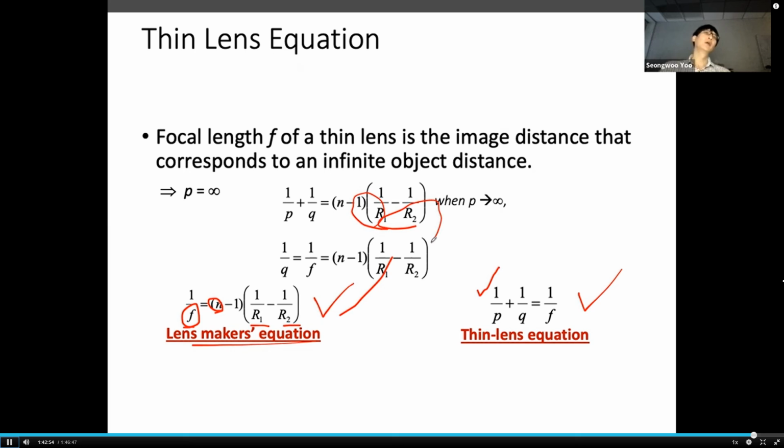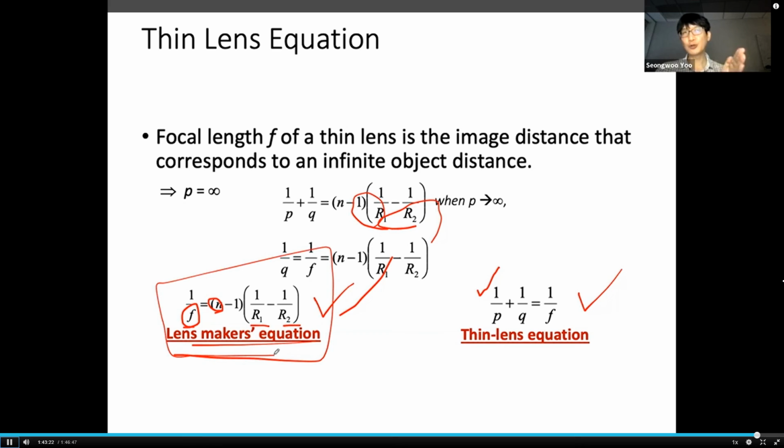But when we want to analyze the lens itself, we don't consider the radius of curvature for the lens. Therefore, when we come to the thin lens, you don't need to worry about R1 and R2, unless you want to use this lens maker's equation.